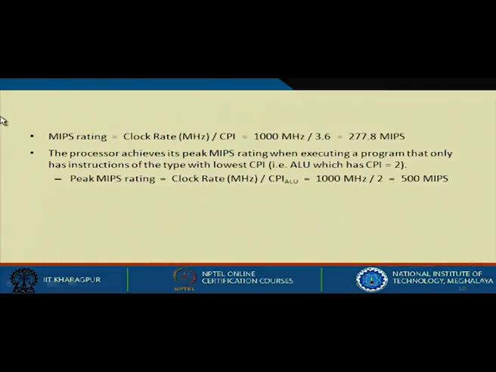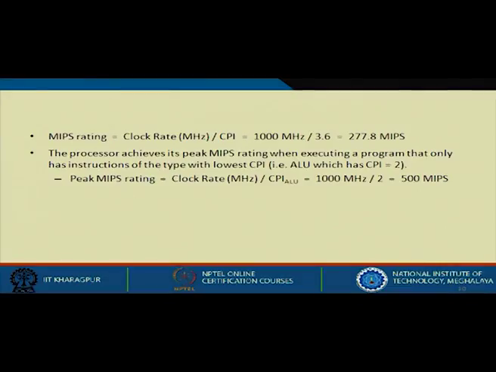Now, if you only execute ALU, those types of instructions where CPI is less, then you can get the peak MIPS rating, that is coming to 500 MIPS. But if you use this mixture, where the CPI is found out by taking into consideration all the types of instructions and the frequency at which all these instructions are occurring, then it will be coming to something lesser MIPS.